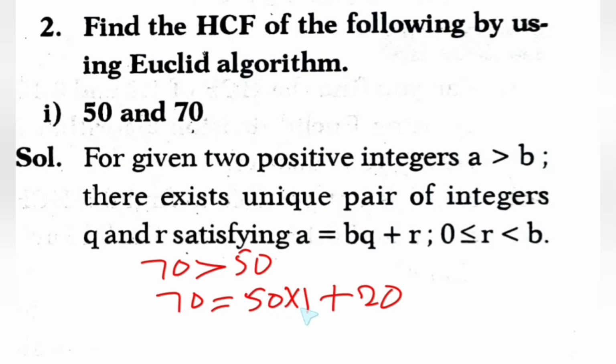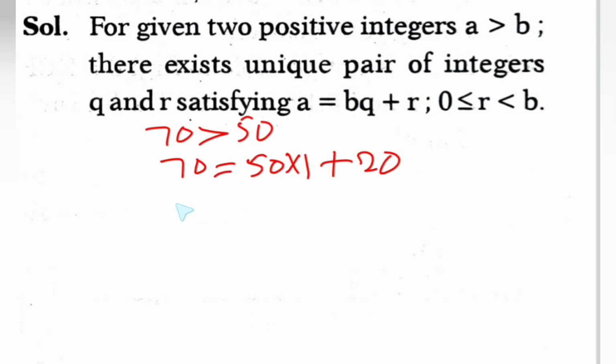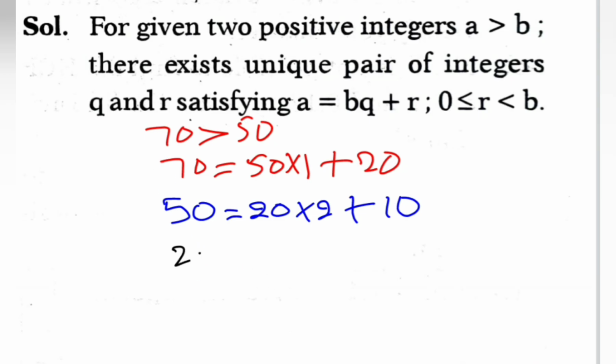The remainder is not equal to 0, so we continue the same. 50 is equal to 20 into 2 plus remainder 10, and again we write 20 is equal to 10 into 2 plus 0.